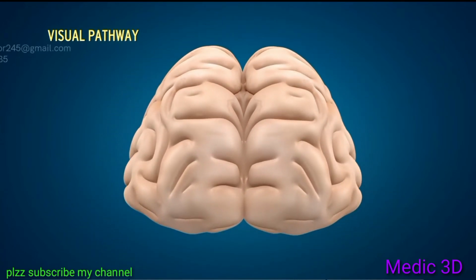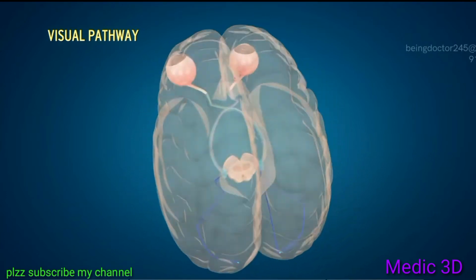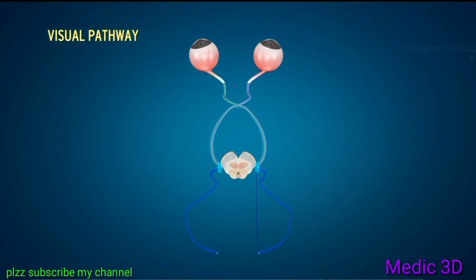Area number 17 is termed as primary visual area and 18 and 19 are known as visual association areas. By this pathway, impulses from the photoreceptors finally reach cerebral cortex and help in perception of vision.